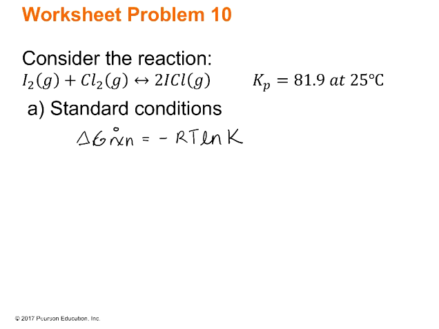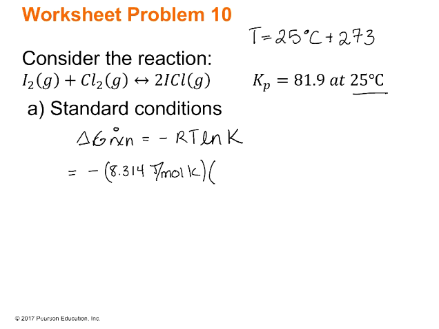So this is super easy. We're just going to plug in the gas constant, 8.314 joules per mole Kelvin. And then the temperature, and we're at 25 degrees Celsius. So if we do a quick conversion here, that's equal to 298 Kelvin. And then we're going to take the natural log of K, which is 81.9.